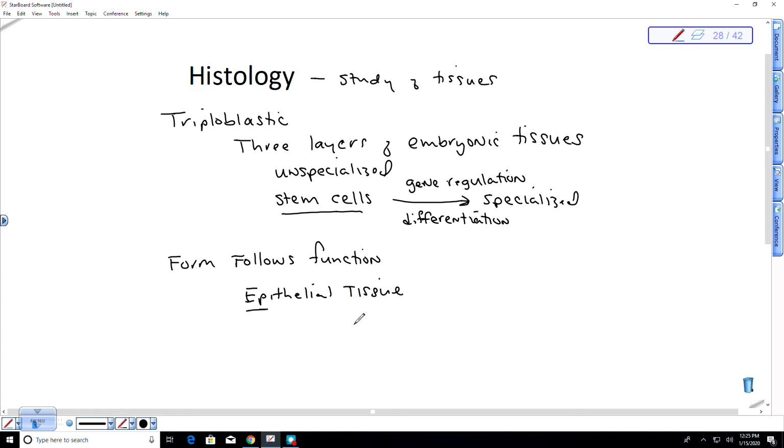Epithelial, if I look at this word, epi means upon, and thelial means a layer. So epithelial tissue layers, so it's found on the outer surface of an organism. It also lines body cavities.